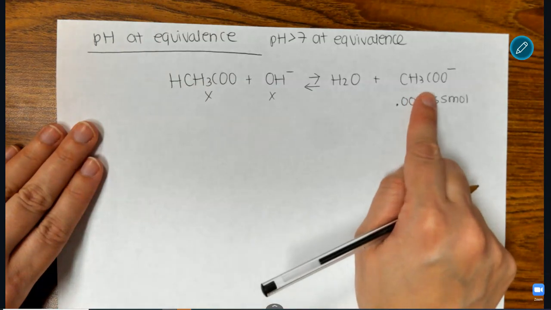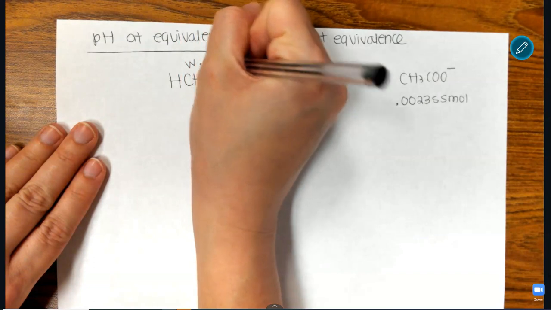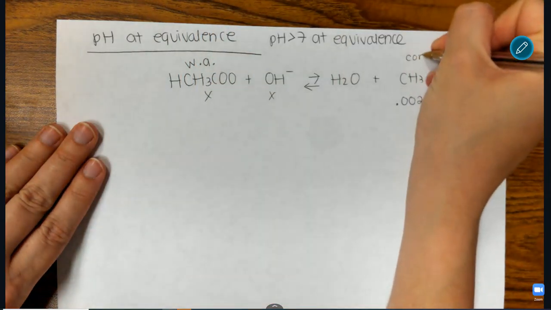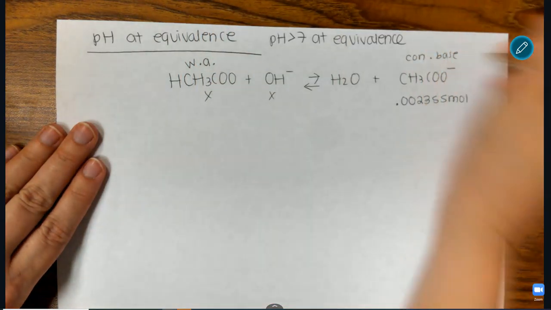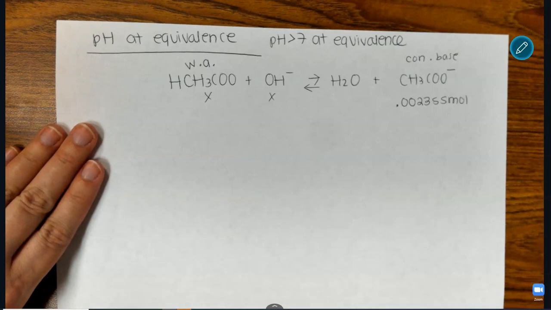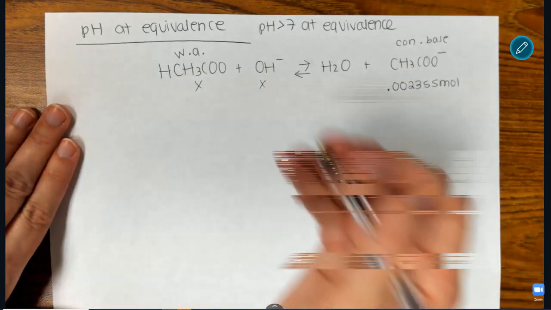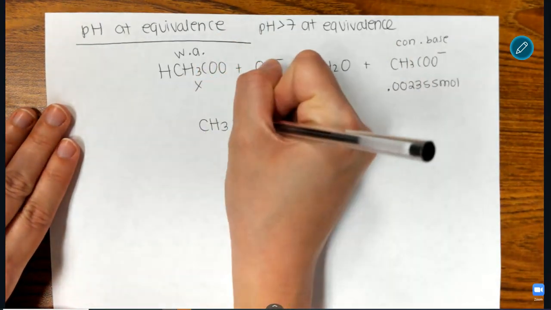Well, this is a conjugate base. As I said before, you have to understand that something that is weak, a weak acid, will make a conjugate base. You have to know that. And you have to know that conjugate bases, their reaction will go in reverse, versus a strong acid, strong base won't go in reverse. And so when this goes in reverse, let's go ahead and rewrite it.